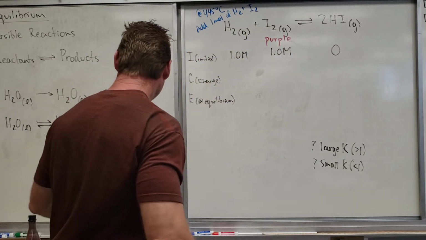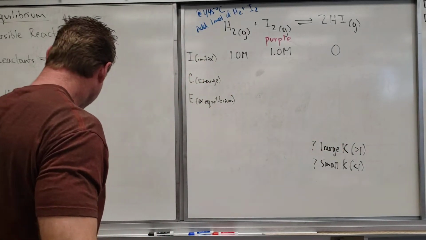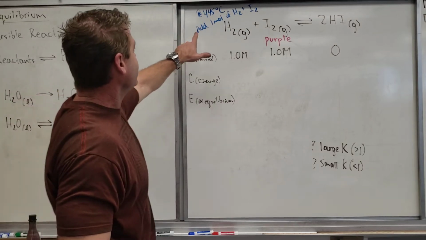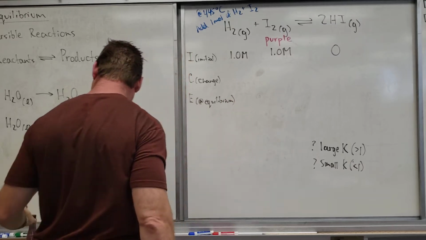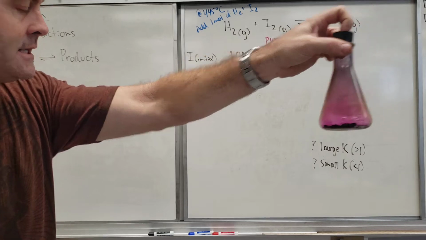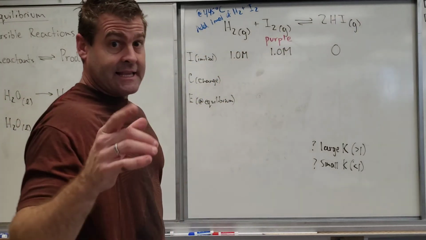In my flask, it's at 445 degrees Celsius, so I have it on a hot plate. I added 1 mole of hydrogen and 1 mole of iodine. You can see it's purple. I did that just before the video.